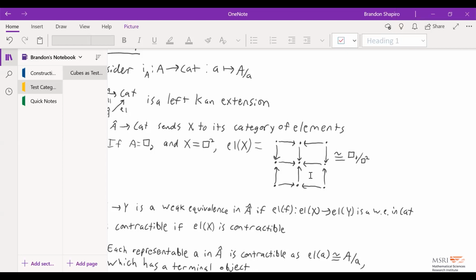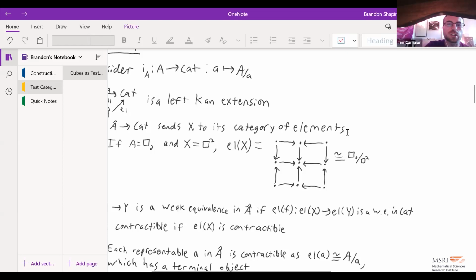Sure. But isn't there a general answer, that the functor we use to show that the cube category is a test category is a test functor, right? And isn't it in general the case that any test functor is weakly equivalent to the canonical test functor given by the category of elements? I think so. So even though you're using a different functor, it is weakly equivalent for general reasons.